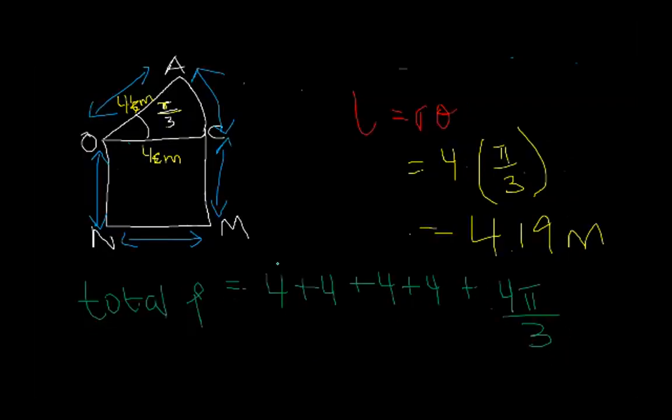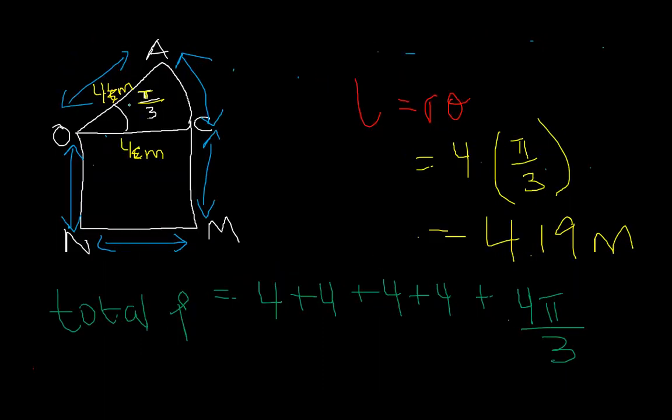Note, you don't have to put 4 plus 4 plus 4 plus 4. That was just me, to help with the explanation. You can just put 4 times 4, right? So this is 16. 4 plus 4 plus 4 plus 4 is 16, plus 4 pi on 3. This right here, I could find my value.